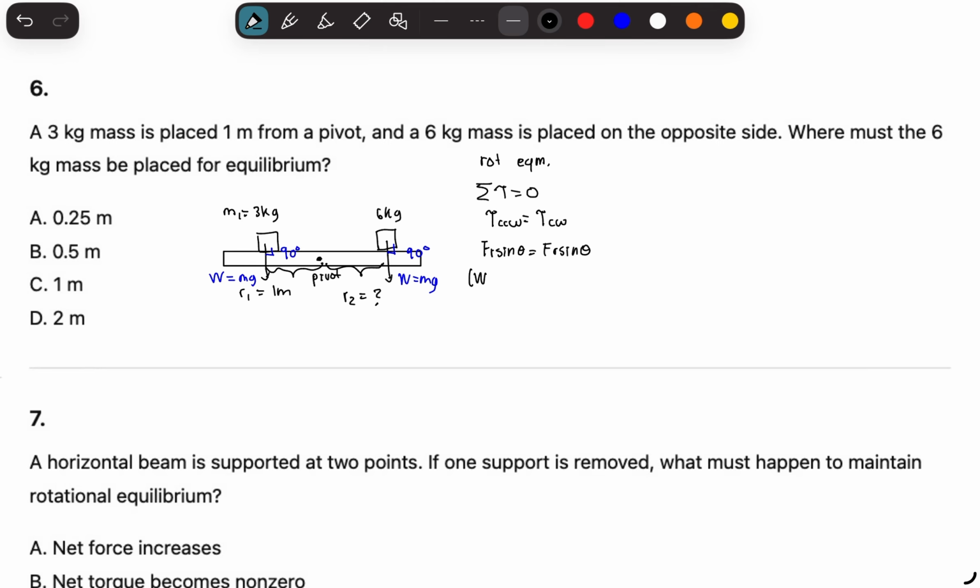Here it's equal to the weight times R sine 90. So it's equal to mg times R times 1.